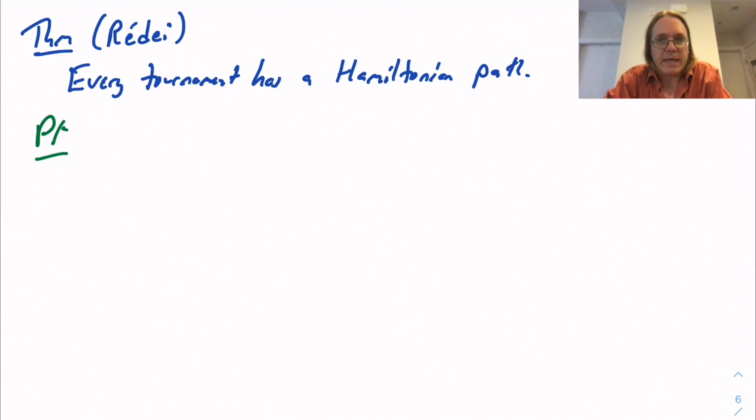Right. Every tournament has a Hamiltonian path. That's a simple statement. It's nice when everything in the class just satisfies it. It also tends to make it easy to prove, and indeed that's the case here.